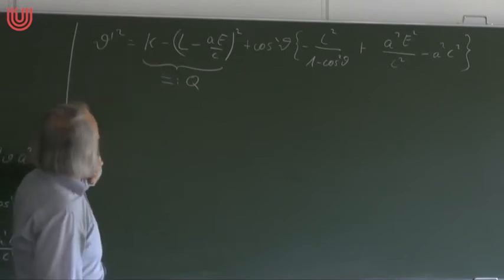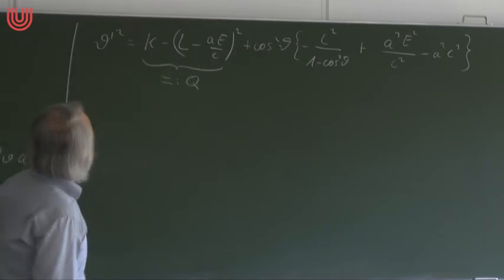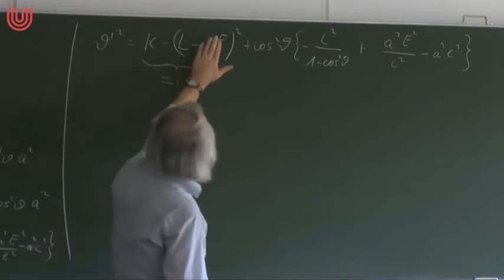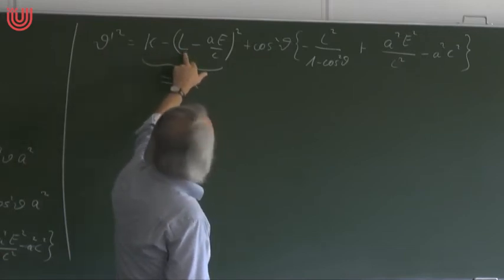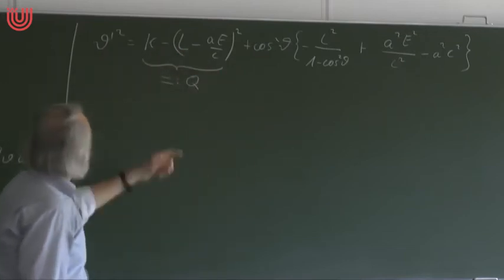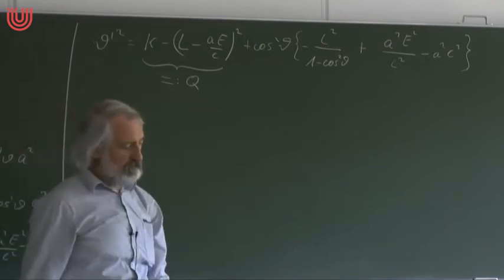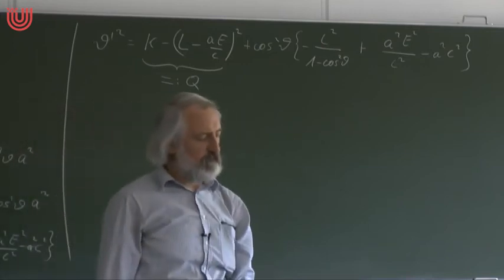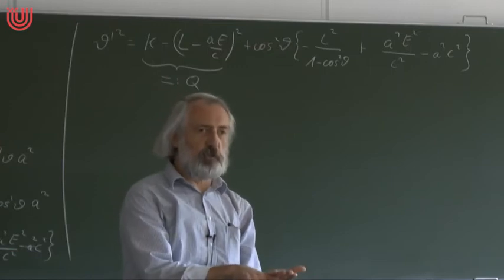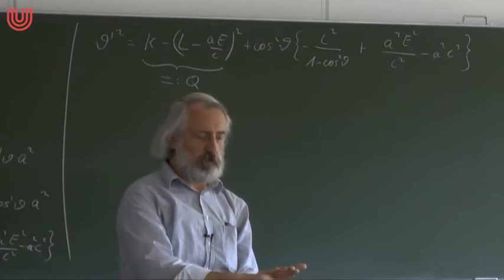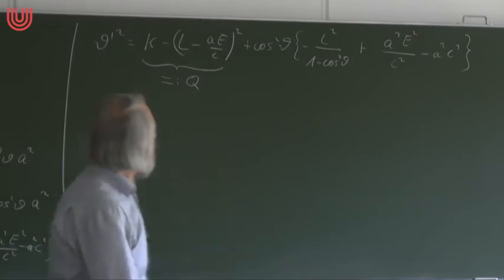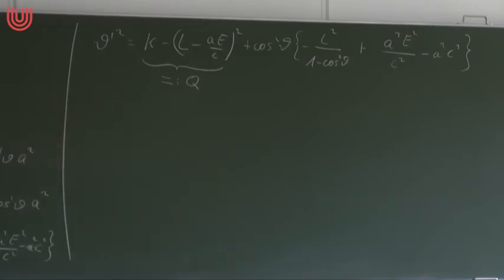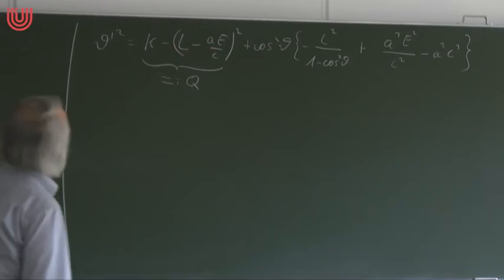In the Schwarzschild case, A is 0. Then you have K minus L squared. L is the Z component of the angular momentum. So the Q in the Schwarzschild case is the component of the angular momentum perpendicular to the Z direction. It's the X and the Y component added up and squared. So it also has an interpretation in the Schwarzschild case.